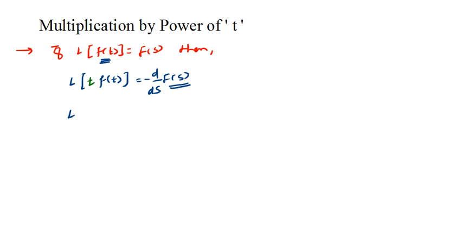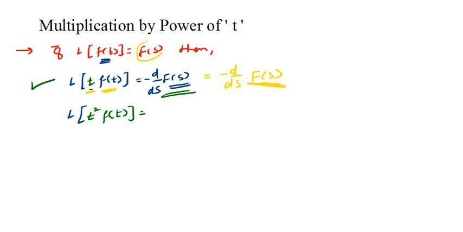If I multiply 2 times with t, so this will be t square for this function f of t, then what will happen? Again, see what is happening here in the first case. This is L of t into f of t. You are taking the derivative of F of s, and this F of s is nothing but Laplace of this f of t.